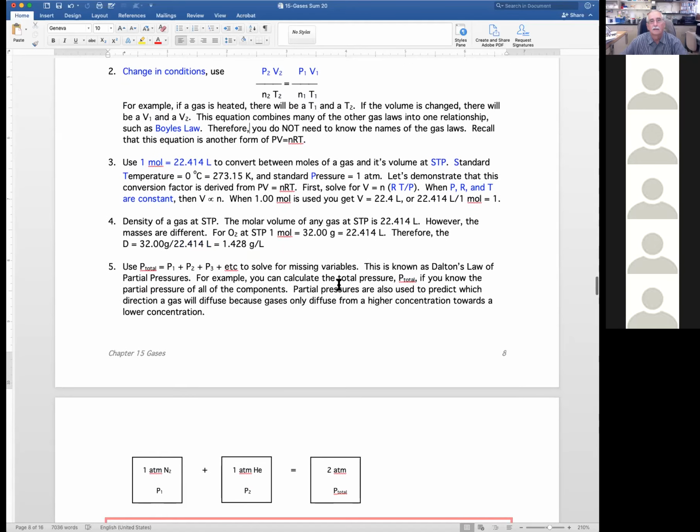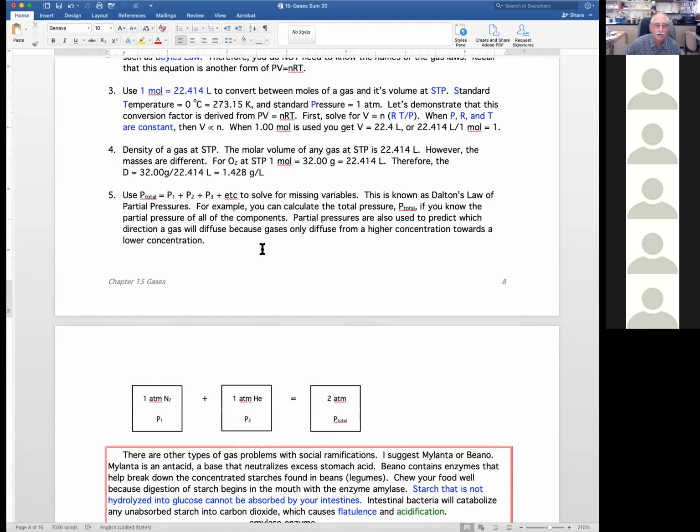And then there's another type where you have to use this conversion factor right here. 1 mole of any gas at STP will occupy 22.4 liters. This is not very important because I can also get the same information using PV equals nRT. That's where this came from.